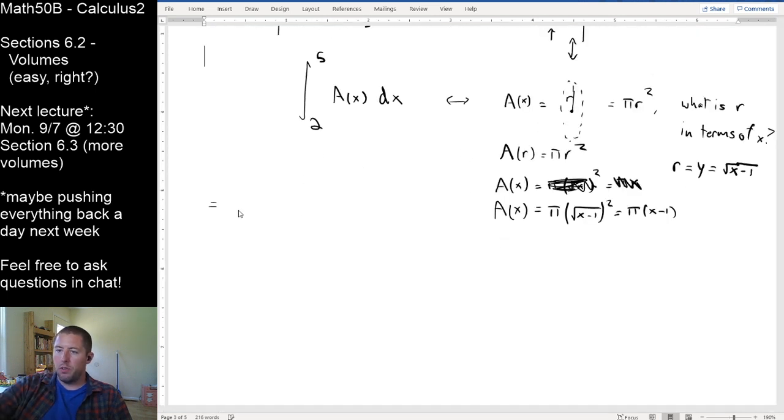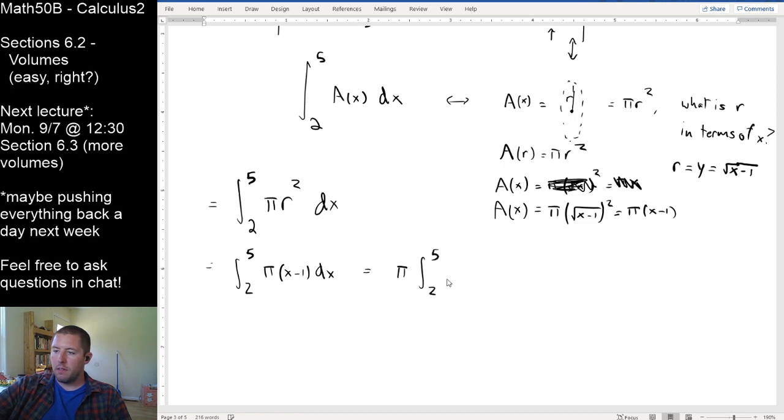So this should be equal to the integral from 2 to 5 of area, pi r squared, dx. I'm just even going to write it this way. That's going to be 2 to 5 of pi. We've already determined that this is the same thing as just pi times x minus 1. I know that that pi does not affect my integration, so I'm going to pull that out front first.